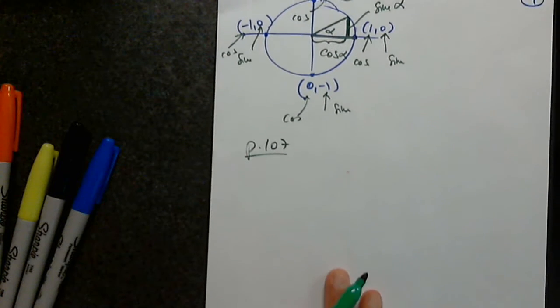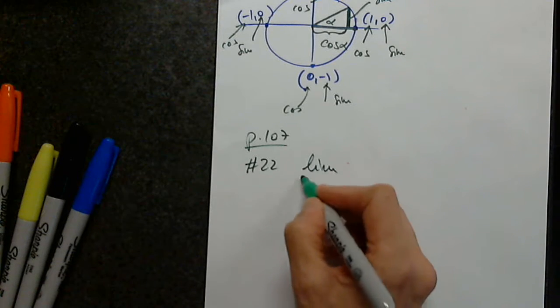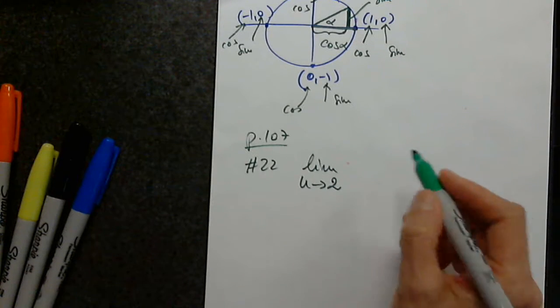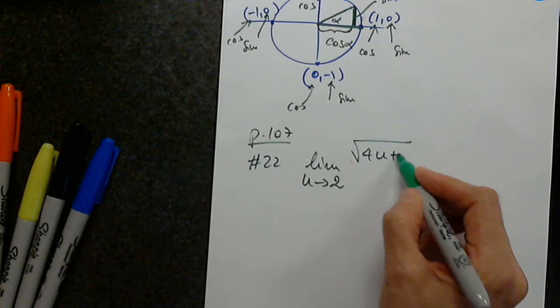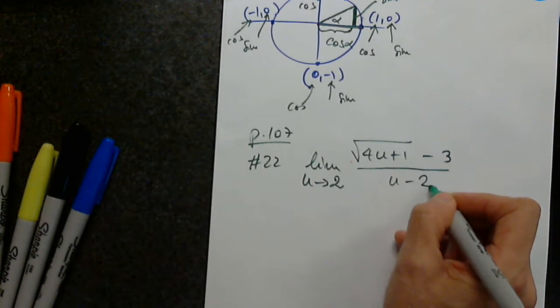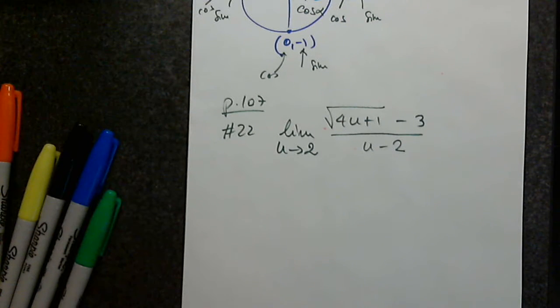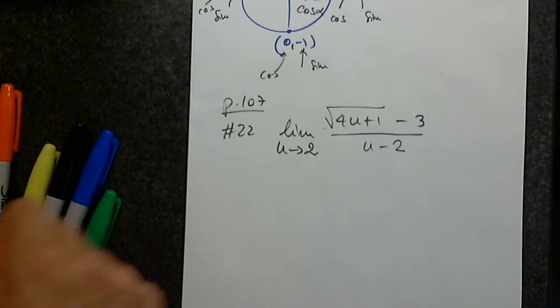So you said 22. So we have the limit as u approaches 2 of the square root of 4u plus 1 minus 3, divided by u minus 2. We're asked to determine this limit. What is the first thing I have to do?